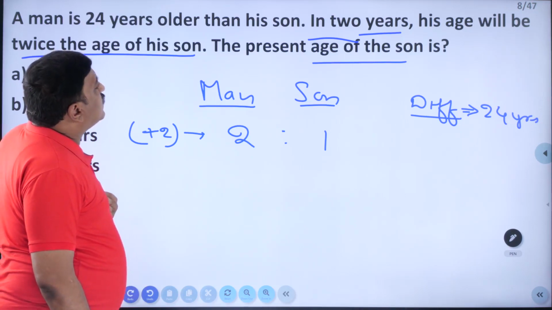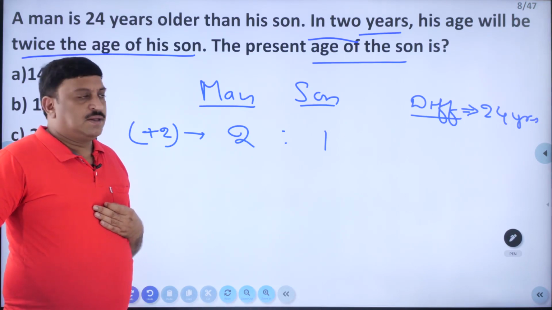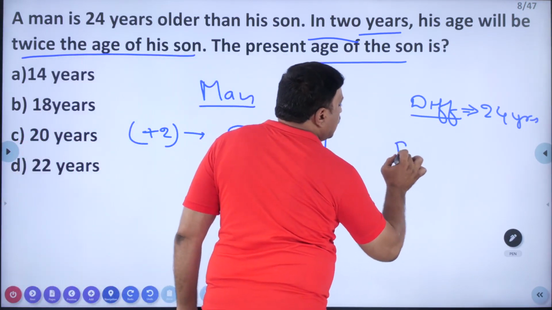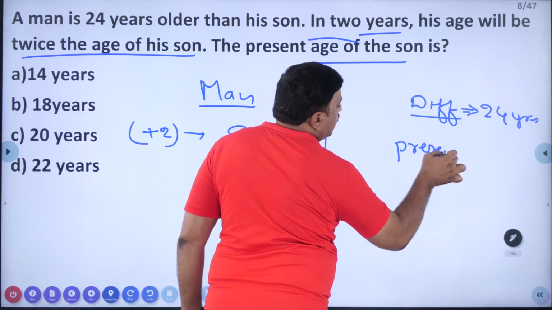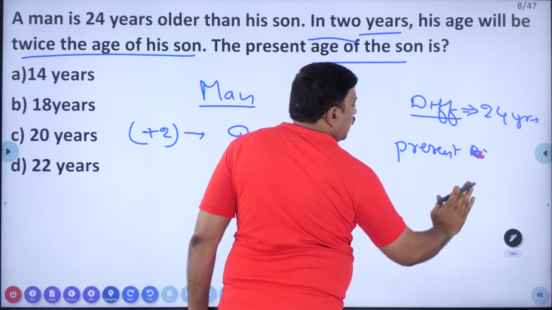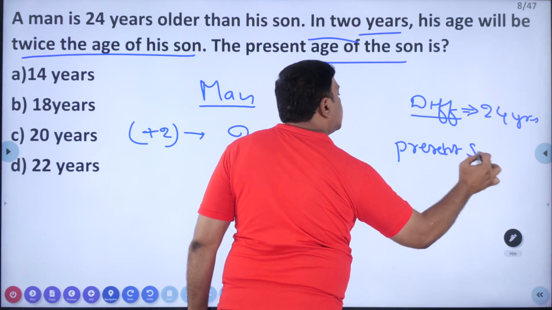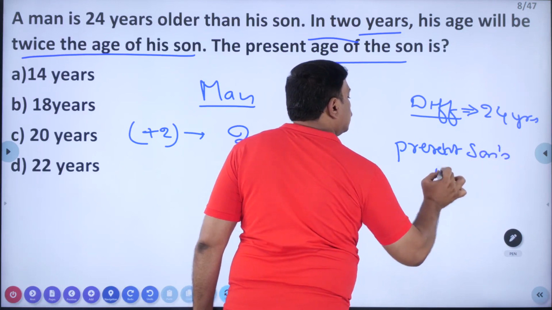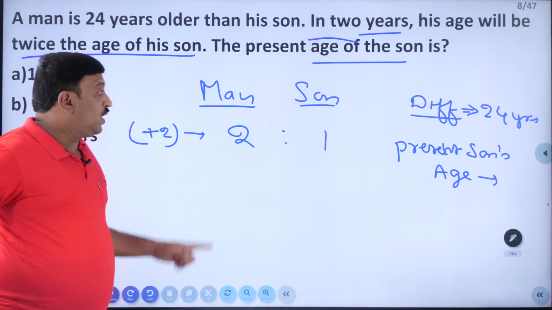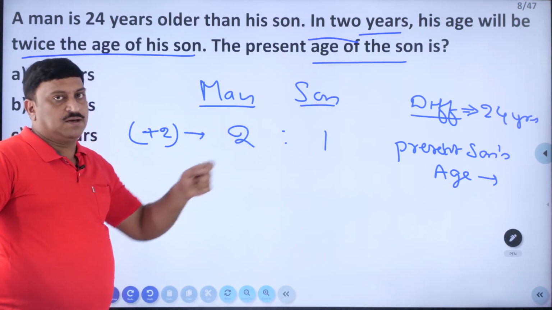The present age of the son. They are asking about the present age. So you write here present son. Information is after 2 years, but asking about the present son.